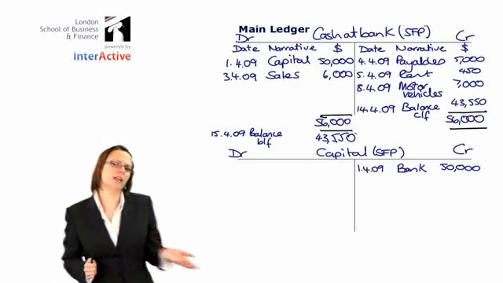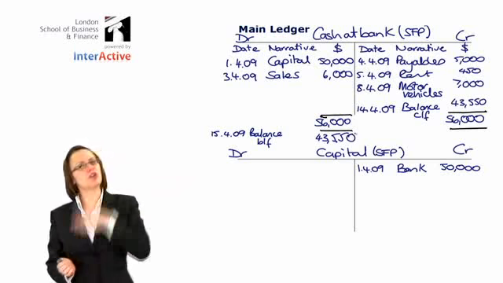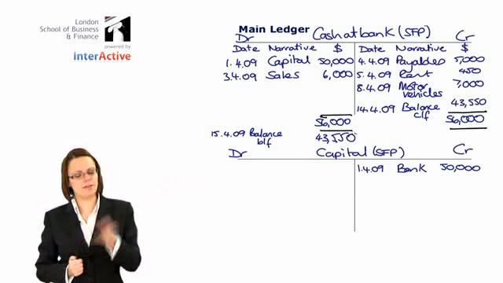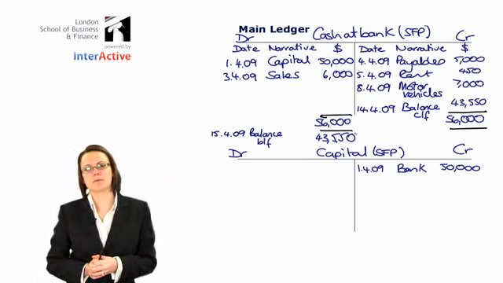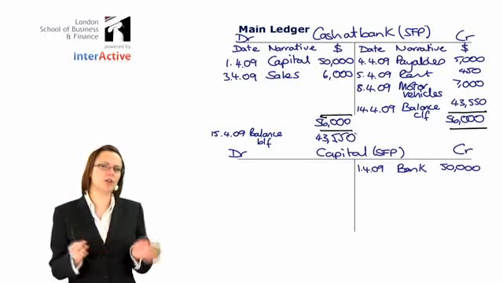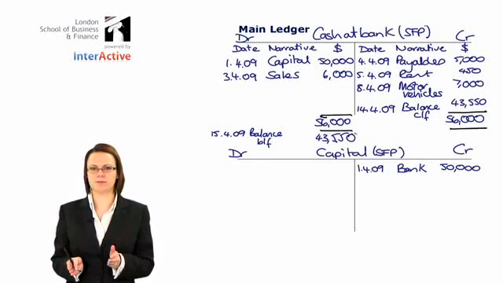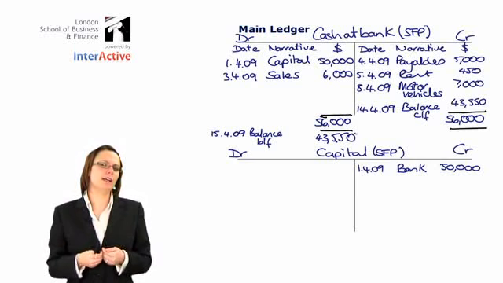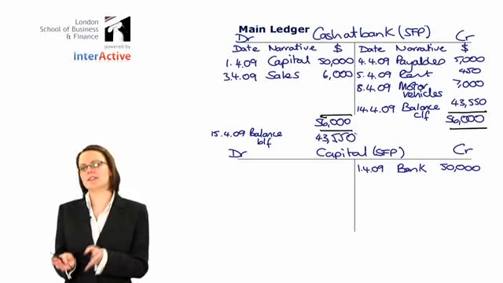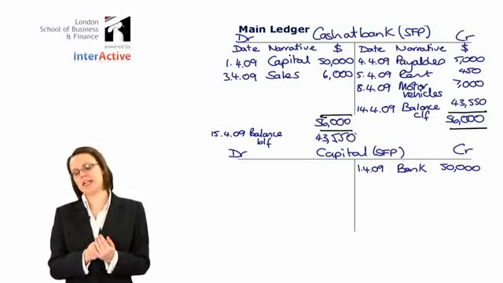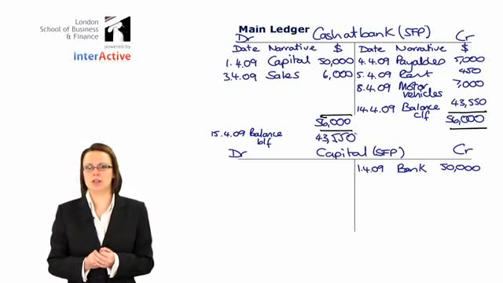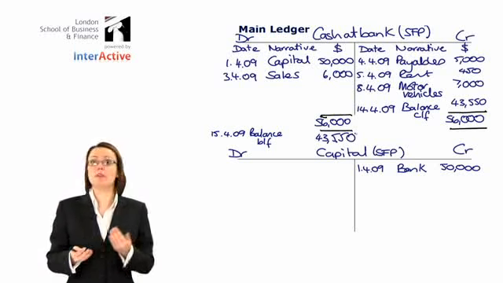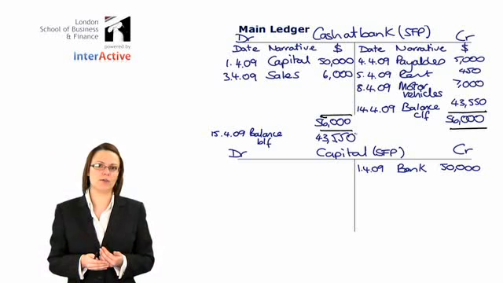But what would happen if his opening balance was on the credit side? Have a think about that. What if his opening balance was on the credit side? Well, surely that would mean that he spent more out of his bank account than what he physically had coming in as cash, which would mean that he would have been overdrawn at the bank.